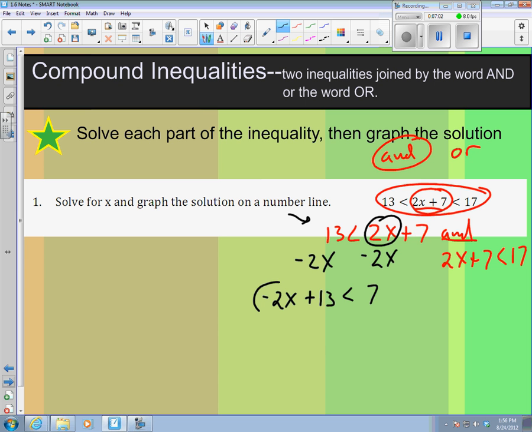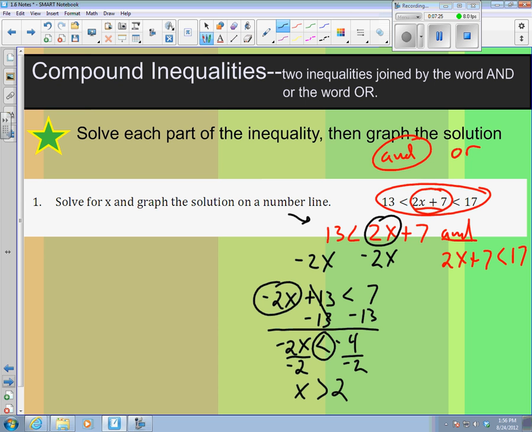Now, I got to get my variable term by itself, so I'm going to subtract the 13. I get negative 2x is less than, because these 13s cancel out now, negative 4. Finally, get rid of the negative 2, divide both sides by negative 2. Oh, divided both sides by negative, I got to flip my inequality symbol. X is greater than 2. So that's my first solution, and that came from the first part of the inequality.